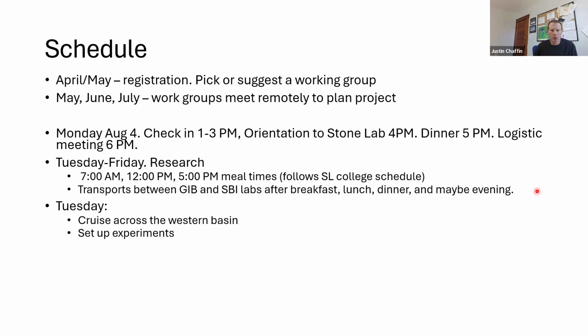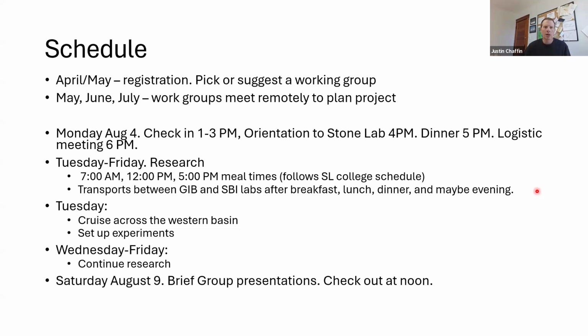Tuesday, we would propose, we do the cruise across the Western Basin to collect samples, set up experiments in the mesocosm, or set up incubation experiments off our docks. And then Wednesday through Friday would be continued research. Saturday morning would be brief group presentations.